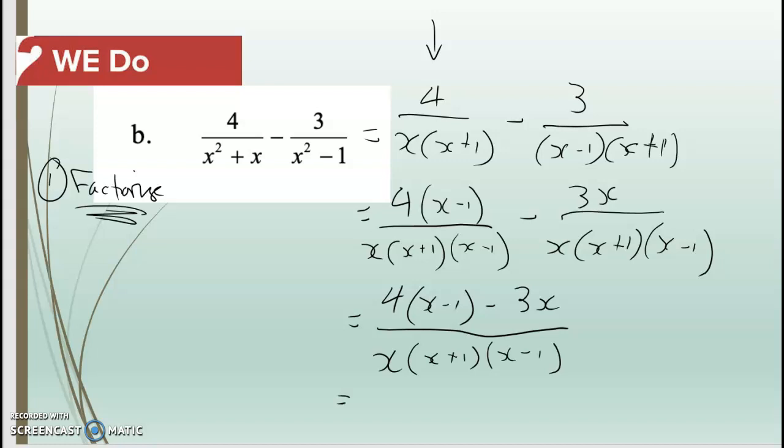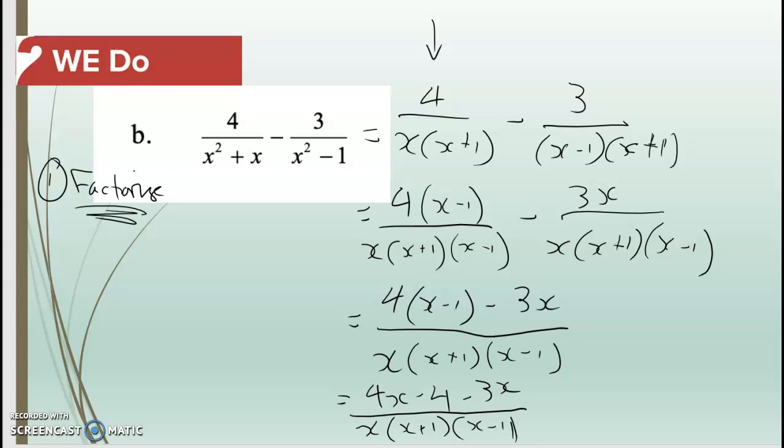Collecting and simplifying the numerator gives 4x minus 4 minus 3x over x(x plus 1)(x minus 1).